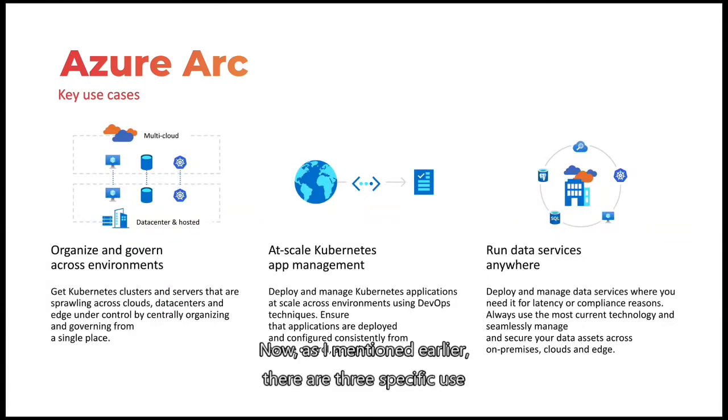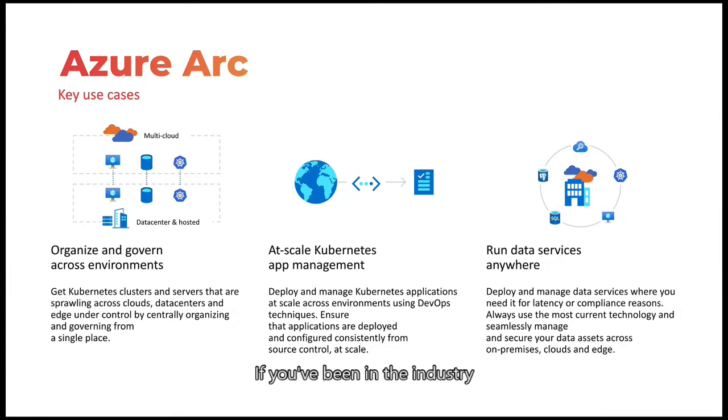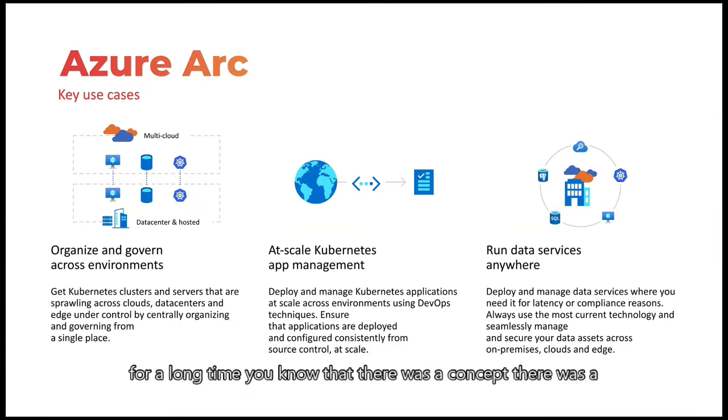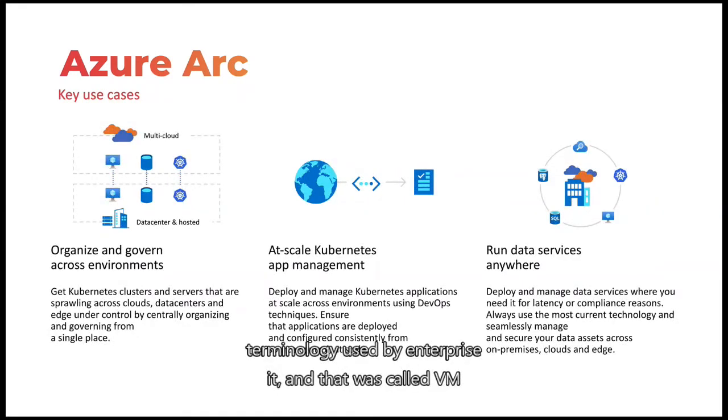Now, as I mentioned earlier, there are three specific use cases that Azure Arc addresses. The first one is organizing and governing multiple disparate heterogeneous environments. If you have been in the industry for a long time, you know that there was a terminology used by enterprise IT, and that was called VM sprawl.